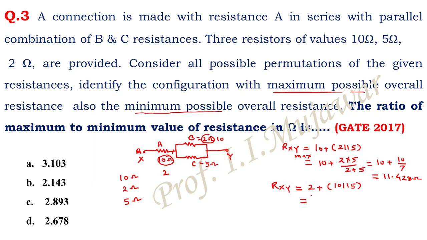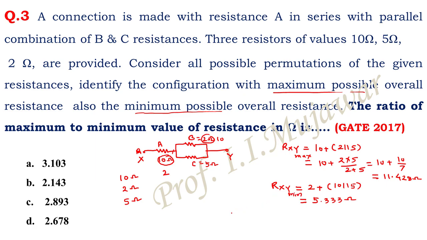If you calculate this, the minimum value comes out to be 5.333 ohm. That means as per the data given, with three resistances A, B, C connected with A in series with the parallel combination of B and C, we got two values, Rxy maximum and Rxy minimum.